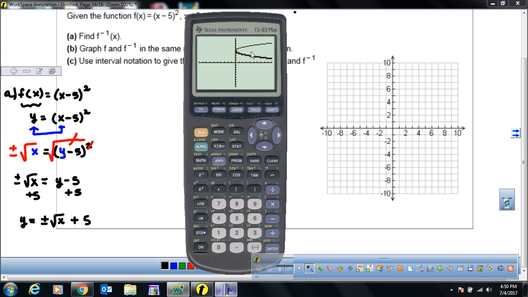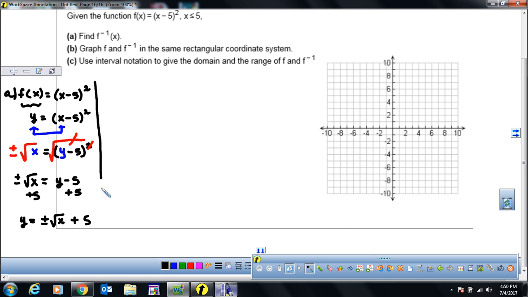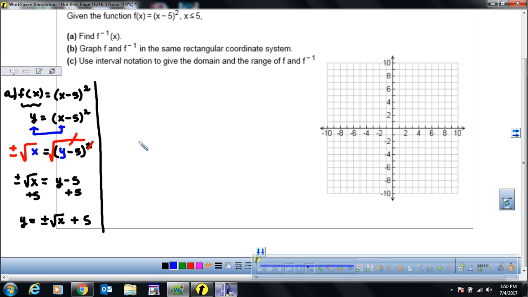Okay, this is not a function, so we cannot have this. So before I go into how we can determine which one it is, I'm going to graph f of x, and from there I can show you. Okay, let's create the graph of f of x, then we're going to finish this part on determining if it is a plus or a minus, the one that we need to have for this function.